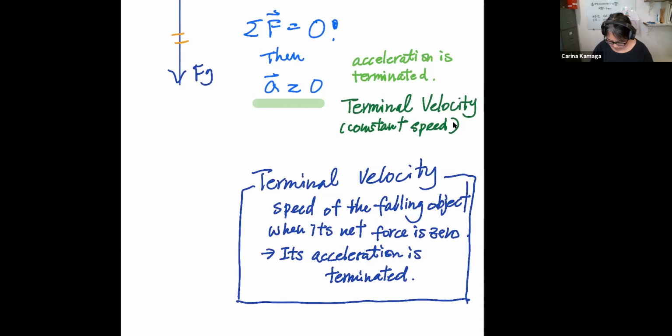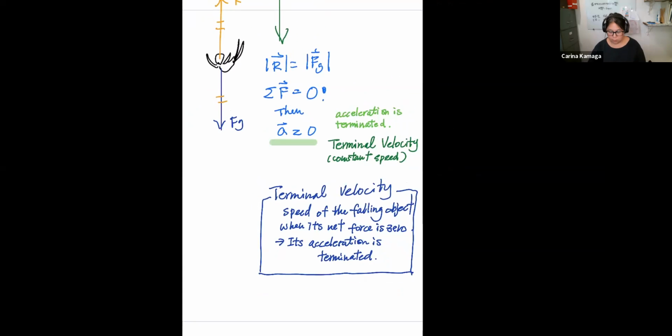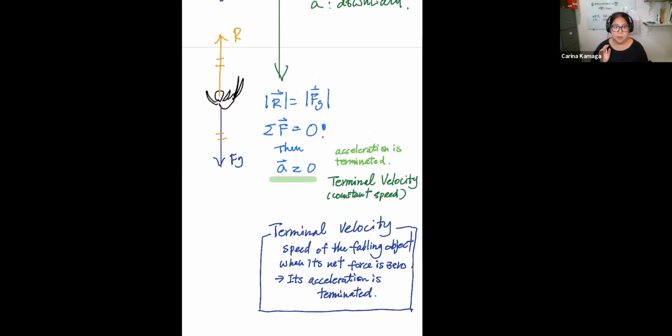By the way, this person, the skydiver, has reached the terminal speed. So he's going to be in constant motion, but he's still moving down very fast. For example, a typical skydiver's terminal velocity is 200 kilometers per hour.